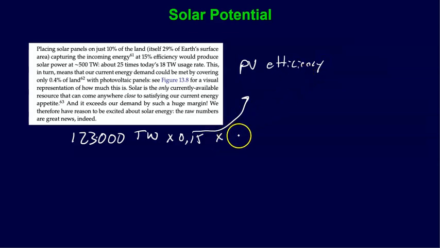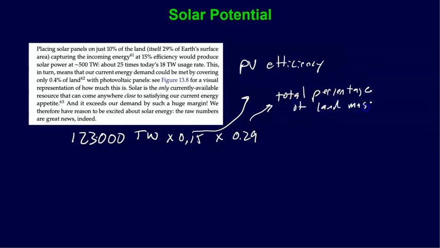Then let's multiply by 0.29, the fraction of the world that is land mass, assuming it wouldn't be too helpful to put these in the middle of the ocean. And then, let's say we take about 10% of the land mass for solar cells.